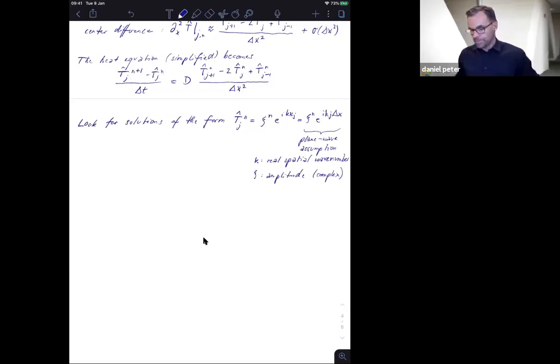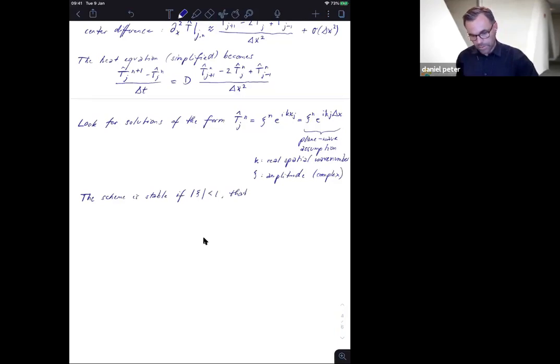So let's quickly write it down. So the scheme is stable if our amplitude psi remains smaller than 1.